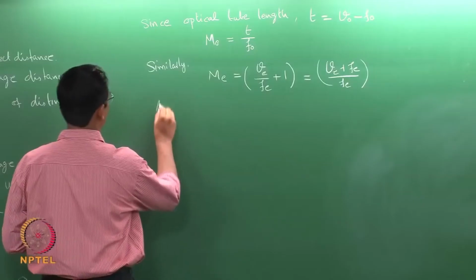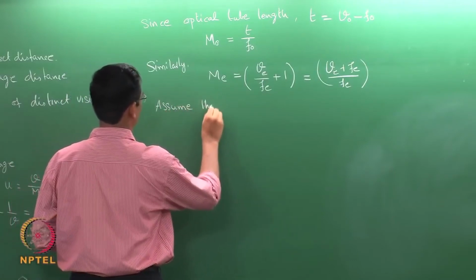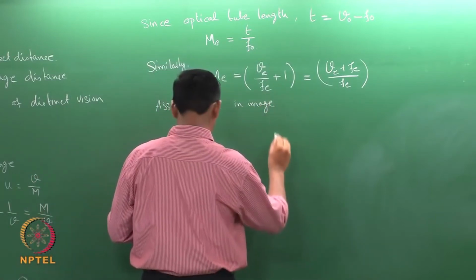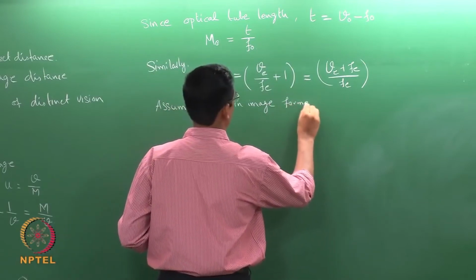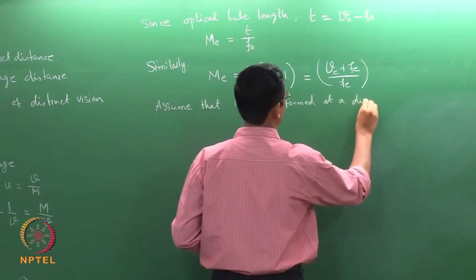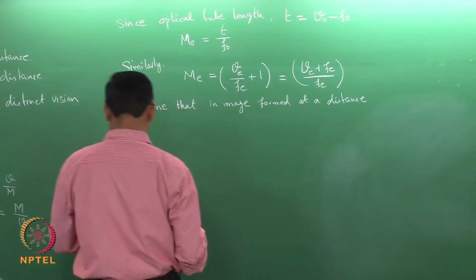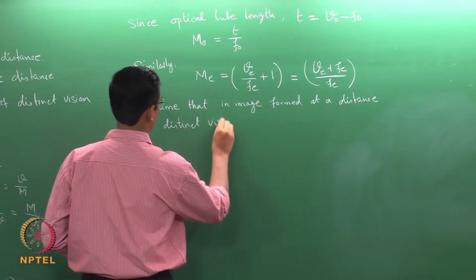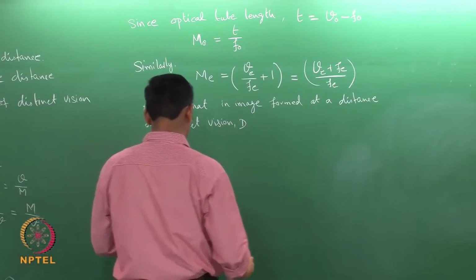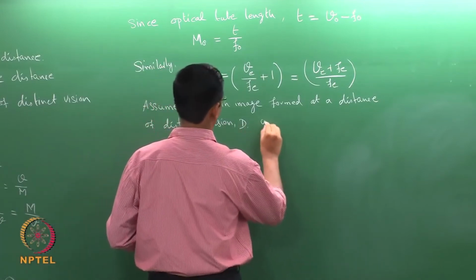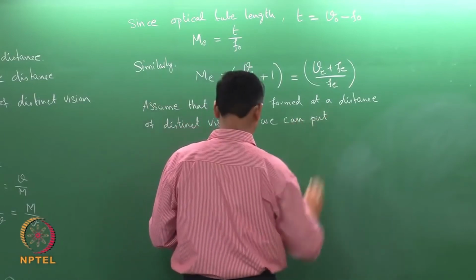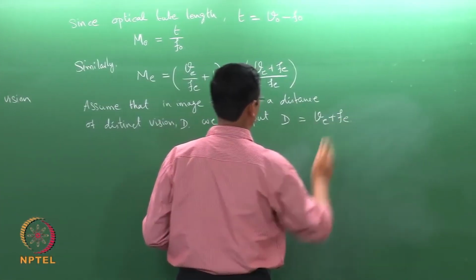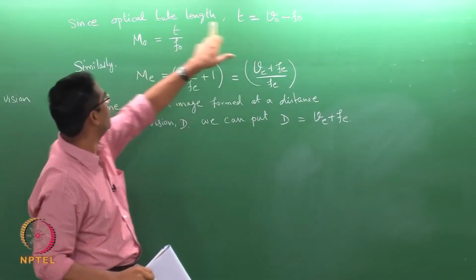And here we assume that the image is formed at the distance of distinct vision, that is D, so we can put D is equal to v_E plus f_E. In the objective, we use this optical tube length.